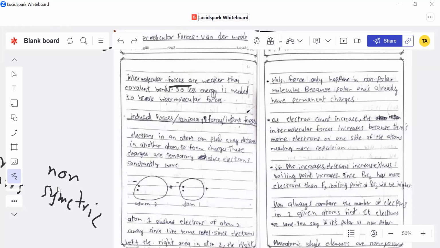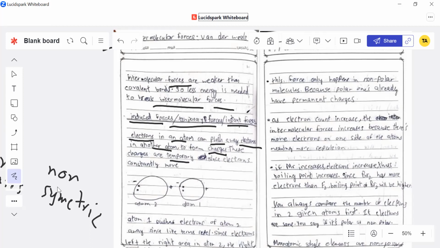So less energy is needed to break these intermolecular forces. And these types of forces are called induced forces or temporary forces or instant forces. Why is this force caused? Because electrons in an atom can push away electrons in another atom to form charges.